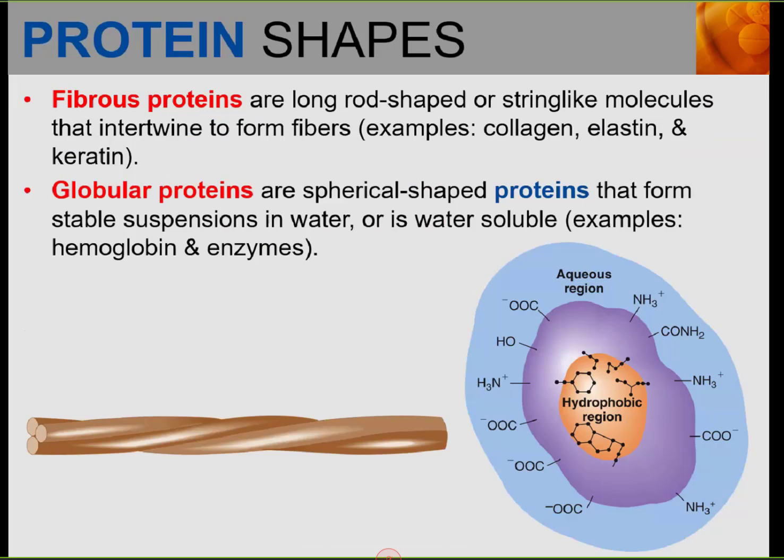As you see in the picture, the positive and negative charges of this particular protein are on the outside, and all the carbons and hydrogens are on the inside. That's the hydrophobic region. The charged components of the protein are all on the outside in contact with an aqueous system.